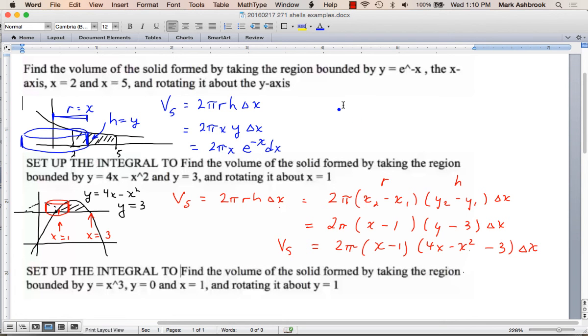We're going to integrate from, where's the first shell? The first shell is here, at 2, right? The first shell has its strip at 2. The last shell has its strip at 5. And then, how are we going to do that antiderivative?